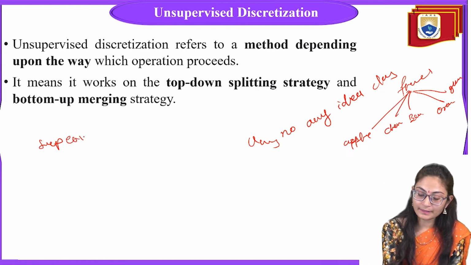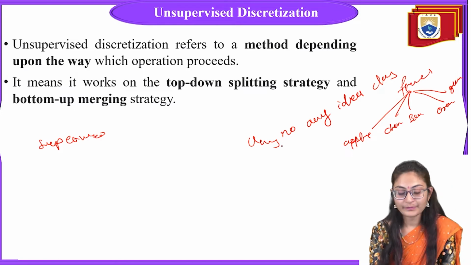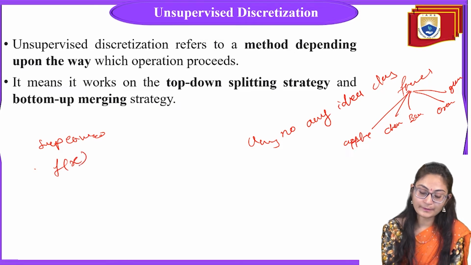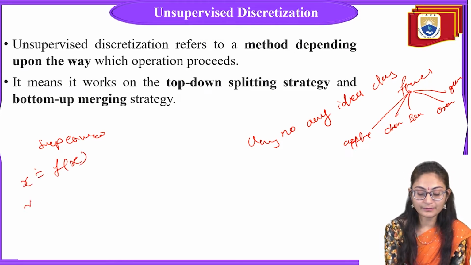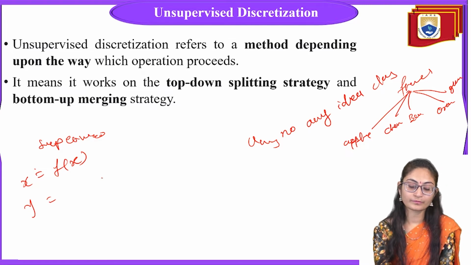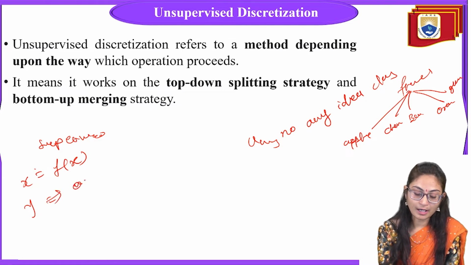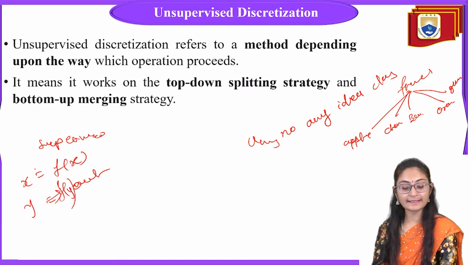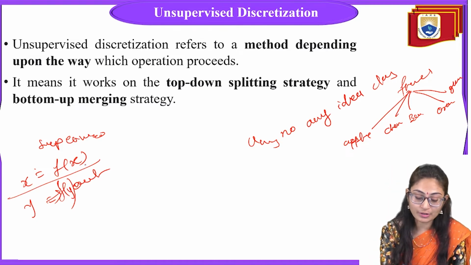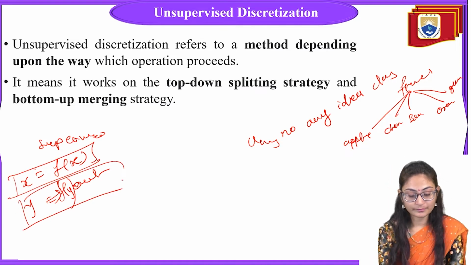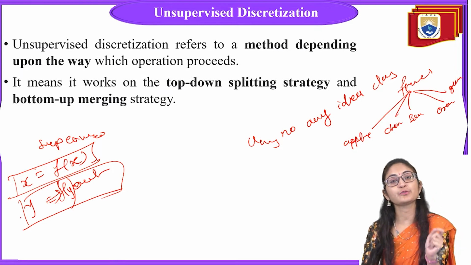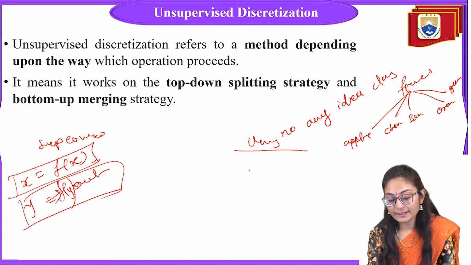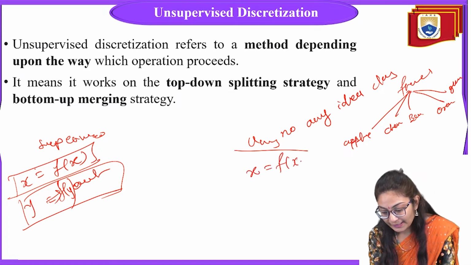In a supervised model, for example, y is the output, f of x. That means in supervised discretization, the model already has information about the output. But in unsupervised, it has no idea of any output.